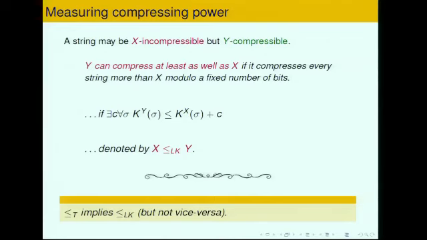So if y can compress at least as well as x, we say this if it compresses every string more than x modulo a fixed number of bits. So in symbols you get this inequality: for every program sigma, the complexity with respect to y is less than the complexity relative to x. And we denote this reducibility by LK.